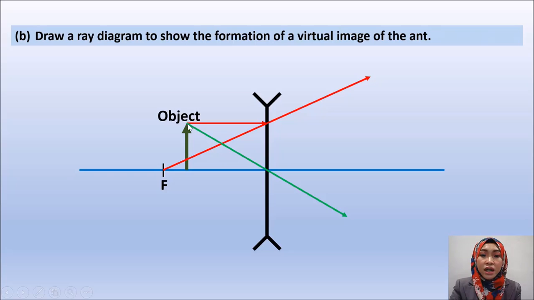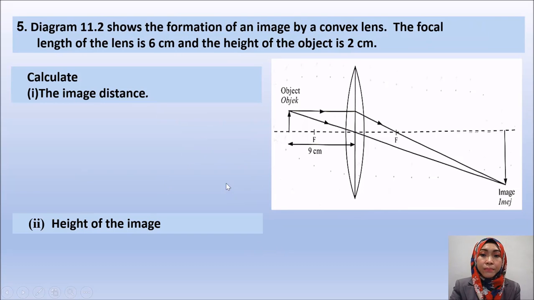The next ray travels to the optical center. It will travel in a straight line without being refracted, and the intersection is where the image is formed. Now we have a complete ray diagram.